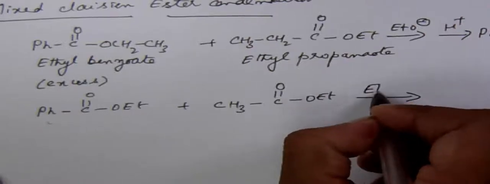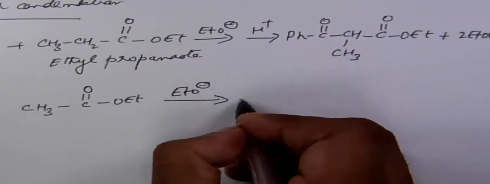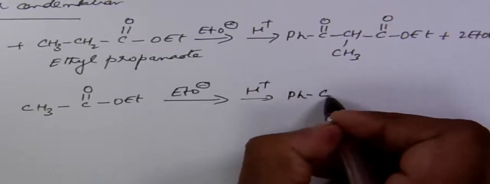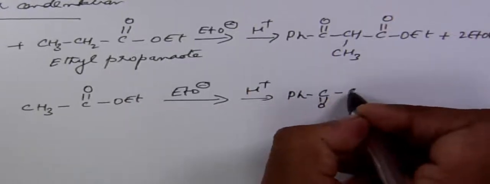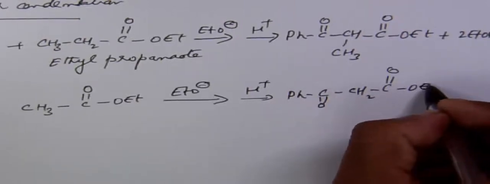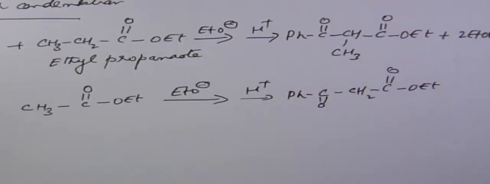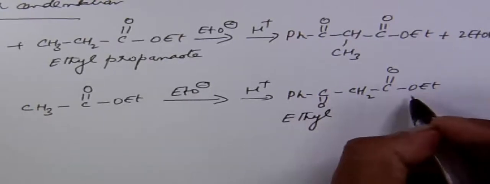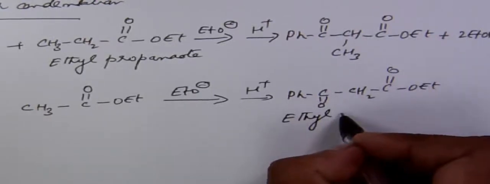I use alkoxide, then I protonate this and I get this product, which we call ethyl benzoyl acetate.